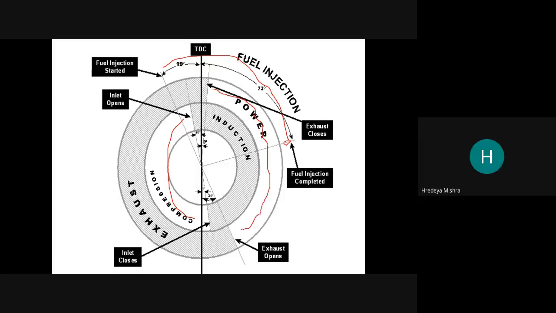the right position where the cursor is moving. This is your power stroke, and this is your exhaust stroke. The exhaust gases are supplied to the atmosphere.